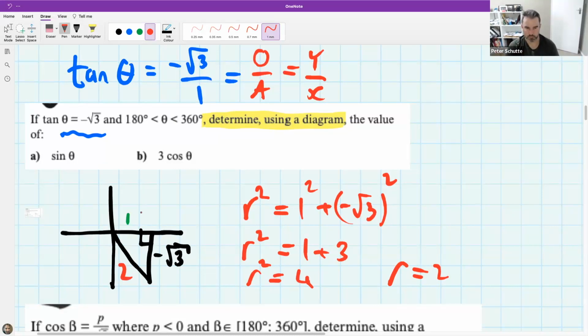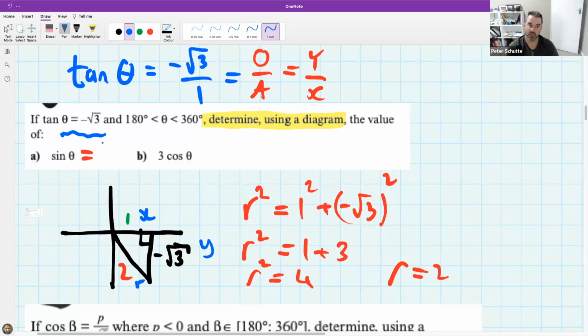Okay, now, if I know the value of all of these, what is the value of the sine of theta going to be? So think about what is sine?